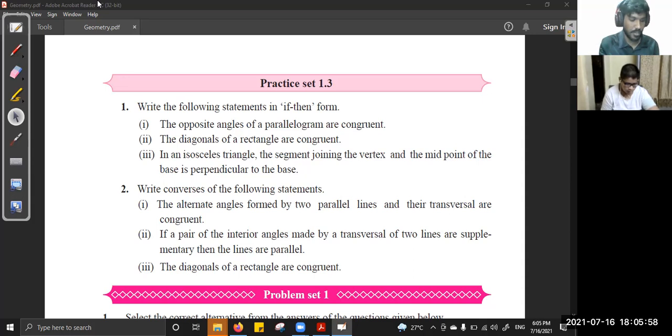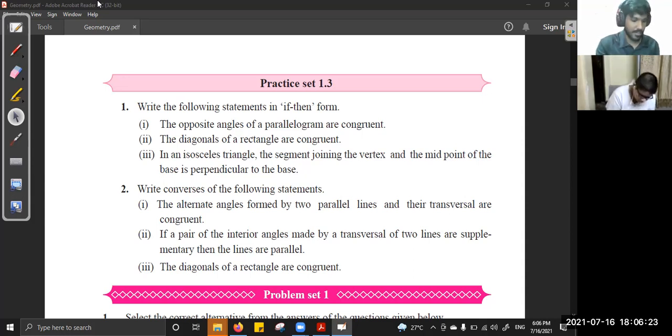If the alternate angle formed by their transversal are congruent, then the two lines are parallel. Yes, then the lines are parallel. What you said also is correct, or you can say it like this also.